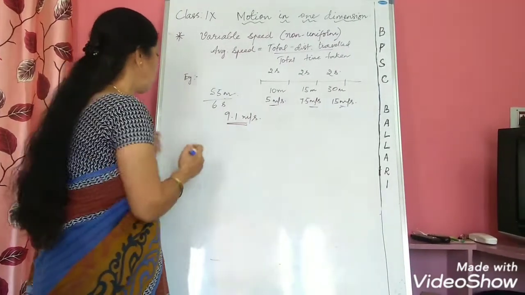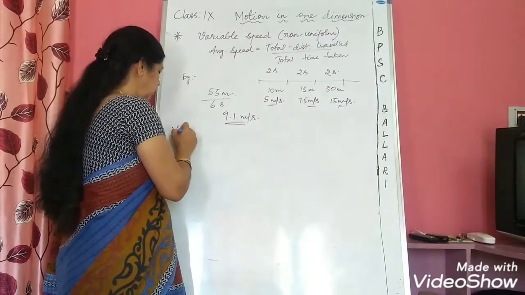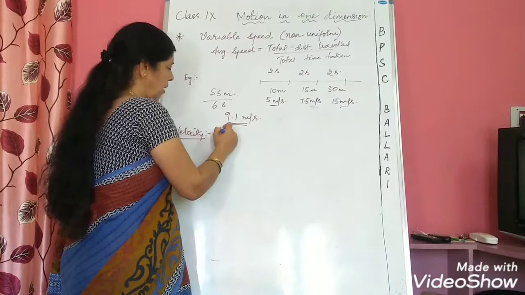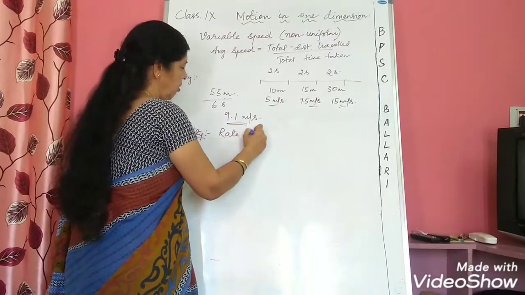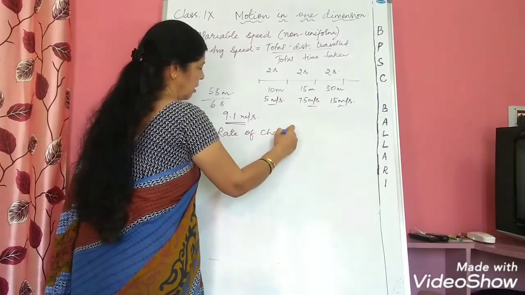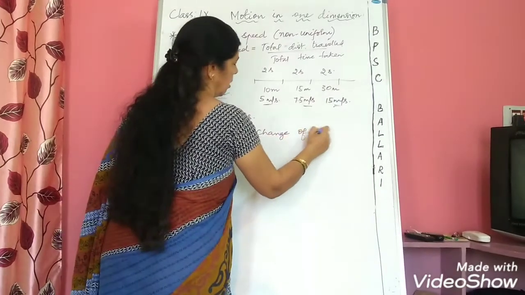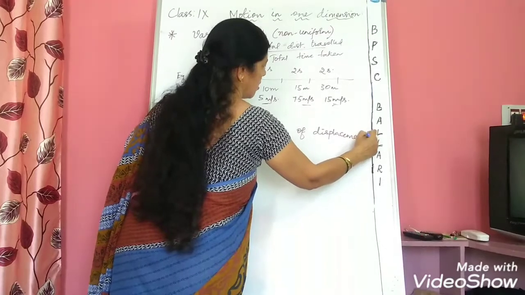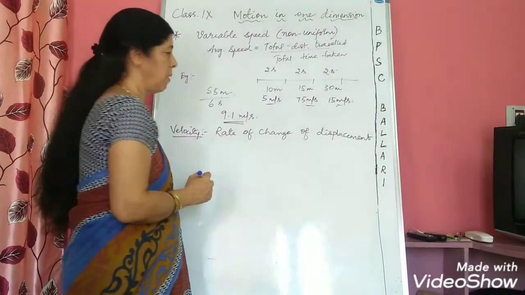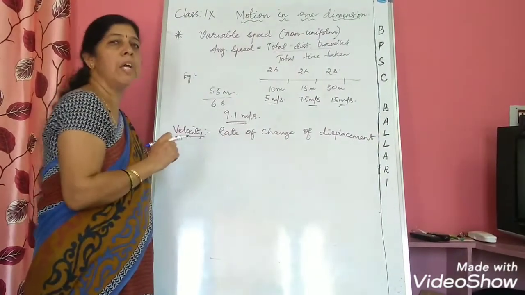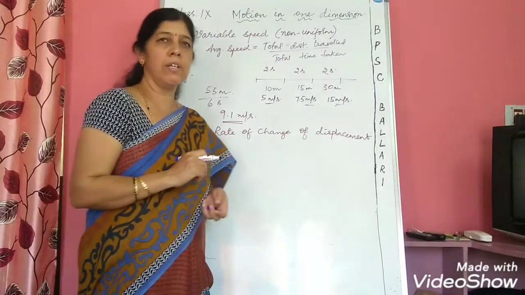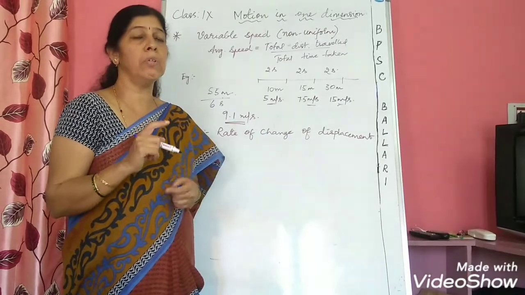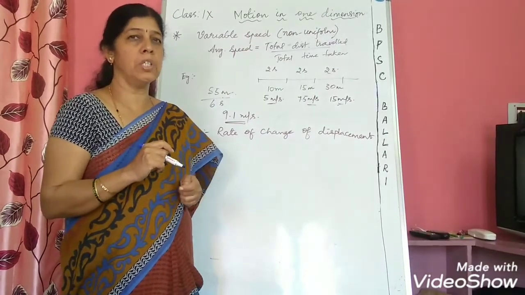Now coming to the next common term, that is velocity. Velocity is defined as rate of change of displacement. Now displacement, already we have learnt, is nothing but the shortest distance between the final position and initial position, and I have told you that displacement is a vector quantity.